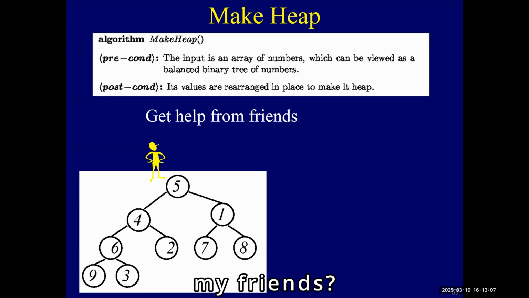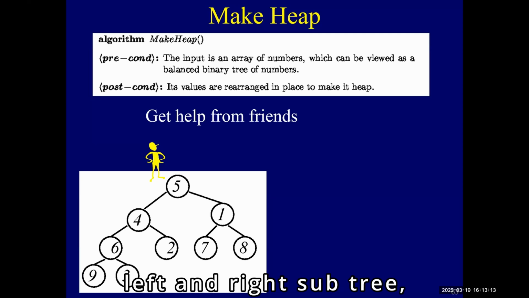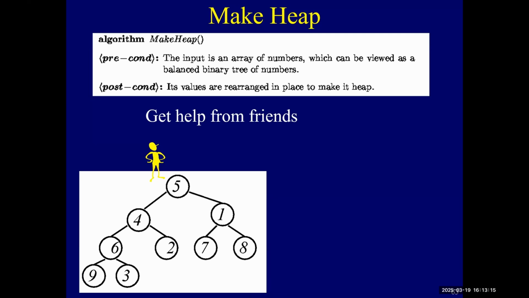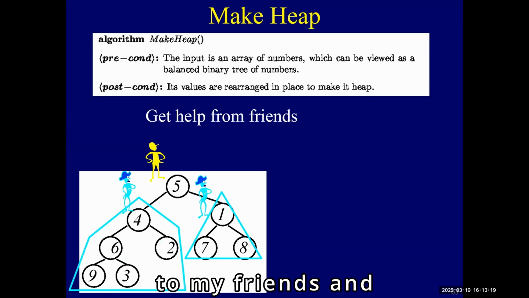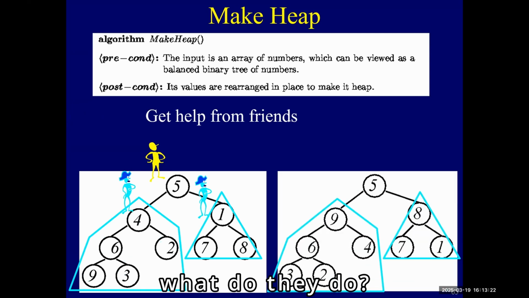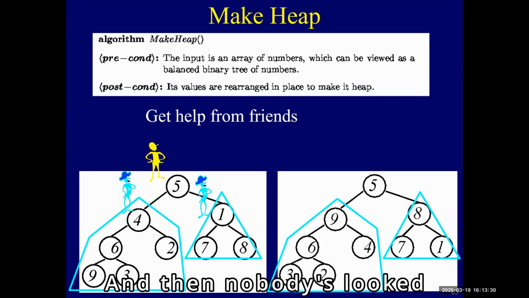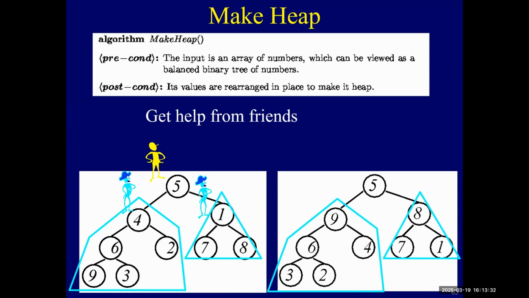What do I give my friends? The subtree, the left and right subtree. So I give these to my friends, and they make each of them into a heap, right? Everybody good with that? And then nobody's looked at the root yet.